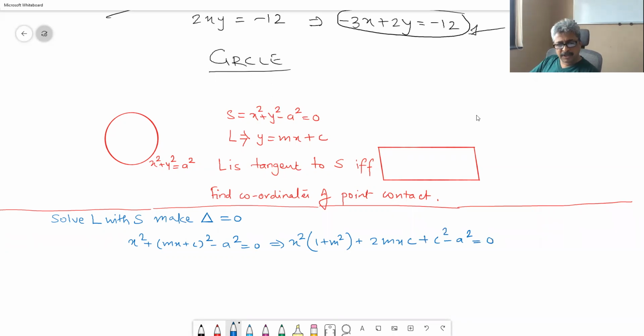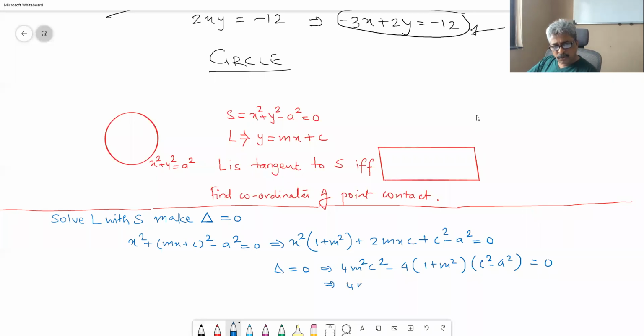And the discriminant of this, delta, should be equal to 0, which implies 4m square c square minus 4 times (1 plus m square), that is a, into (c square minus a square), that is c, should be equal to 0.